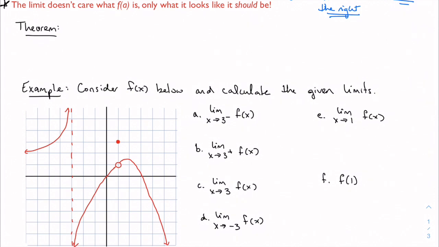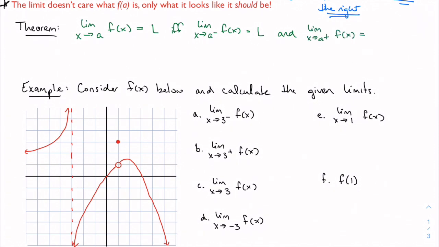The way we tie this all together then is to say the limit, I'll do this in a different color so it stands out. I'll say the limit as x approaches a of the function, regardless of direction, the only way we can assign this a value, and we'll call it capital L, is if and only if the limit from the left is that value and the limit from the right is also that value.